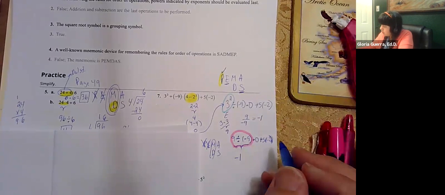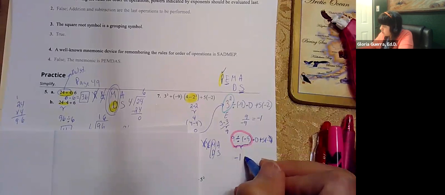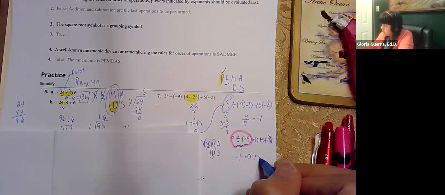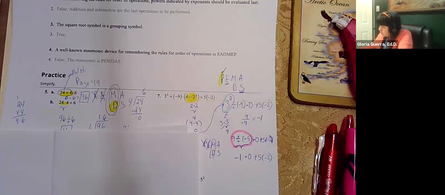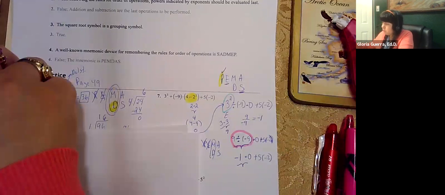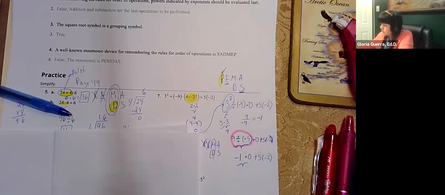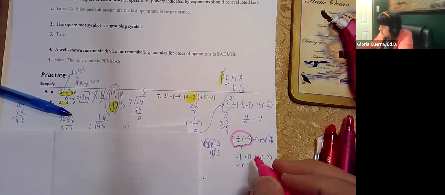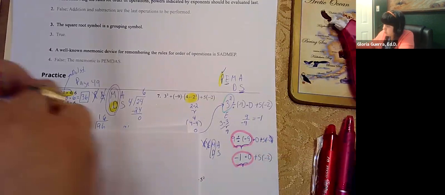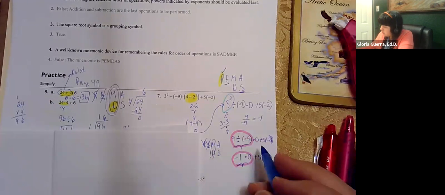And then you've got times 0 plus 5 times -2. So now you're going to do the times from left to right. -1 times 0 is 0.